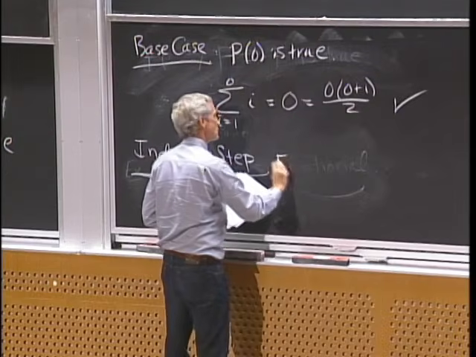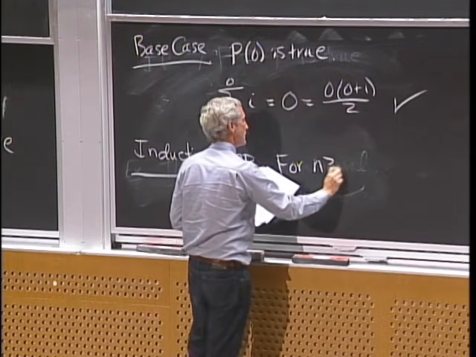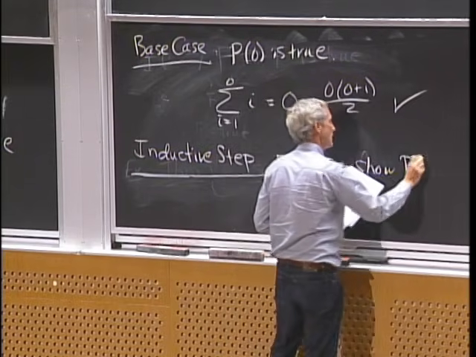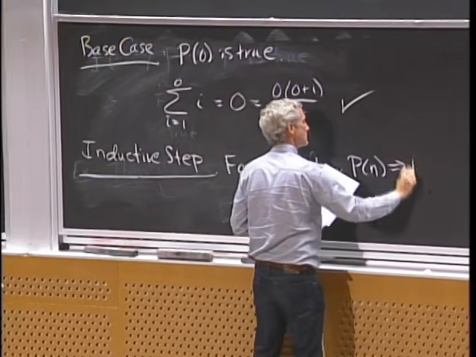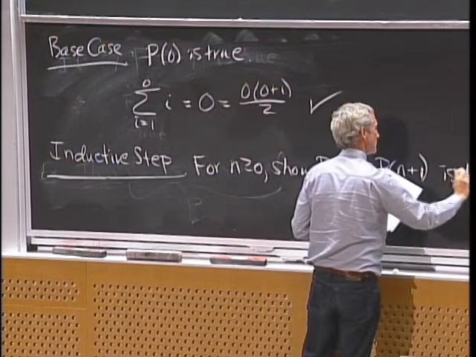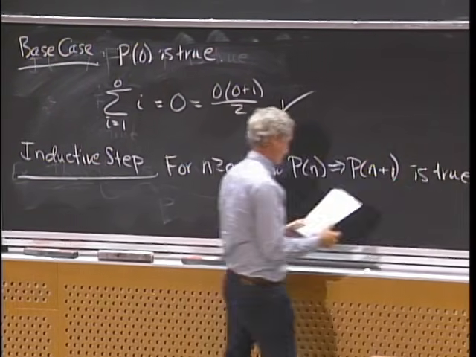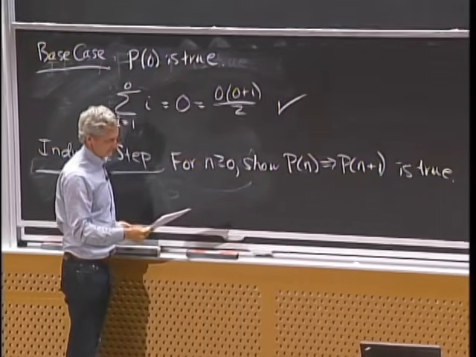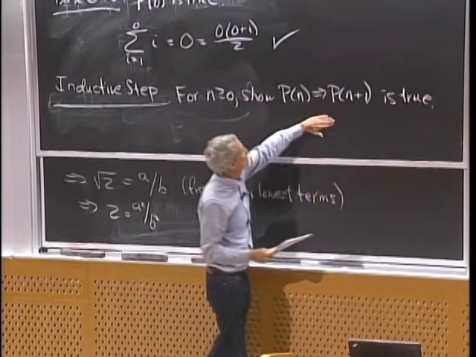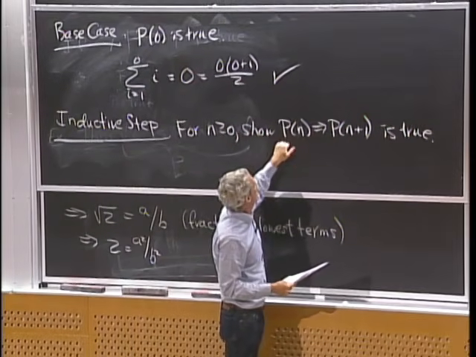And here we have to show, for n greater than or equal to 0, we need to show that Pn implies Pn plus 1 is true. Now, how do we show an implication is true? How do I show this is true?